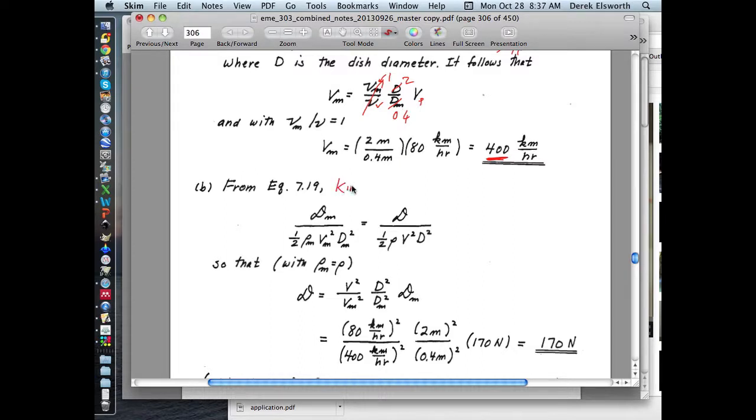No, sorry. What is it? Dynamic, right? Which is basically Euler number for the model equals the Euler number for the prototype. And that's what this is here. It looks a bit different from what we've seen before, but let me write it out.